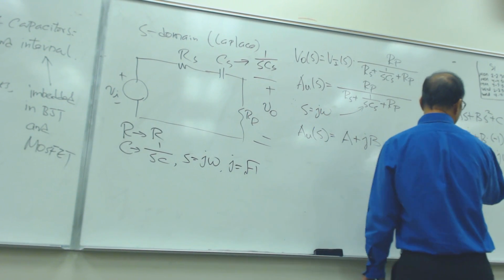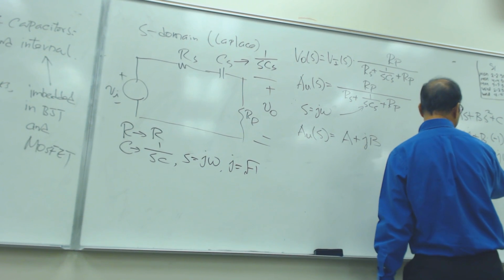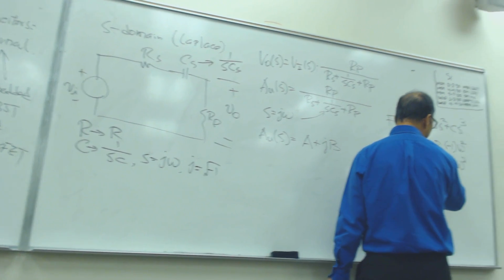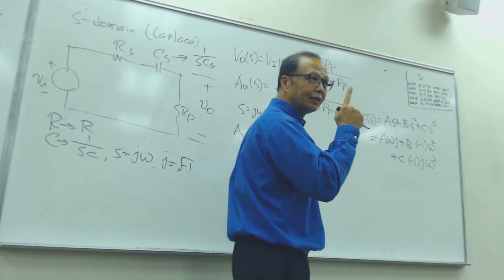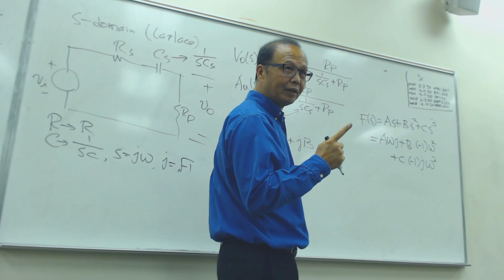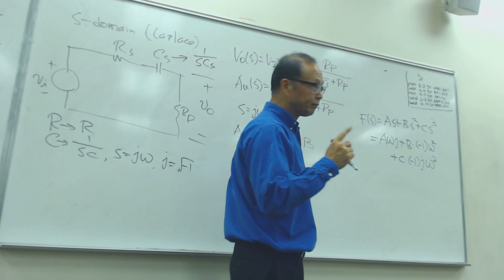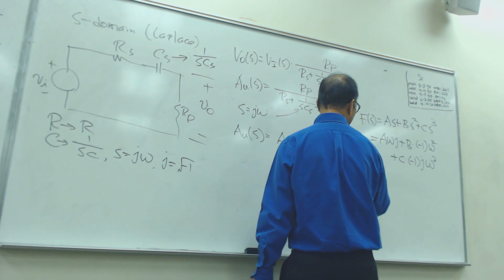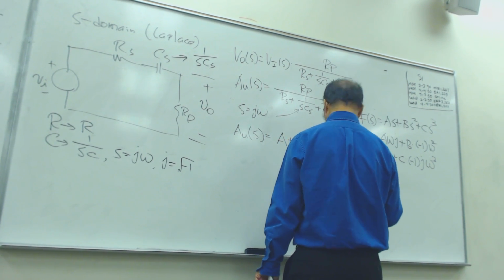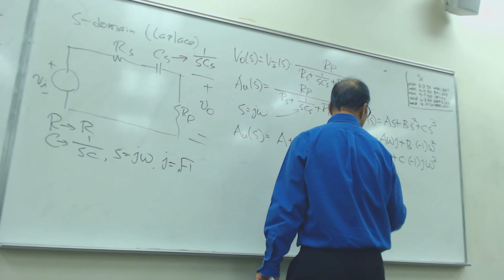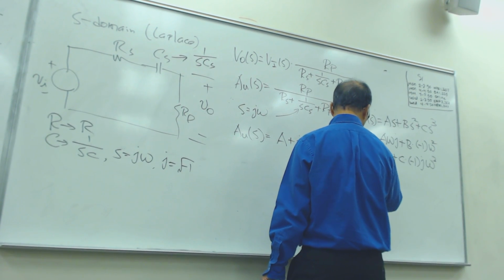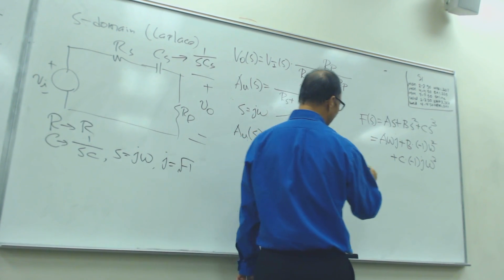Then, any term that is associated with J is called what? The imaginary part. And the term that does not have any J is called the real, right? So therefore, you have A minus B omega squared. Yes, that's the real.